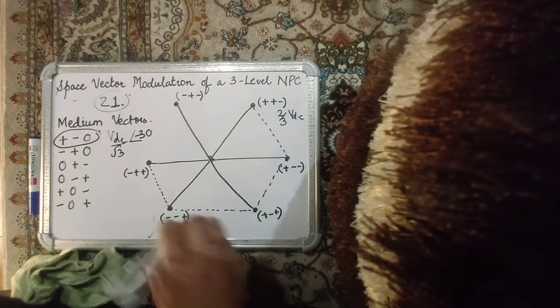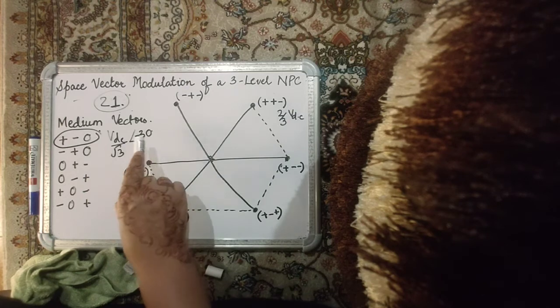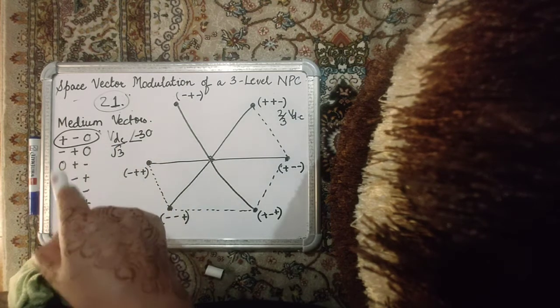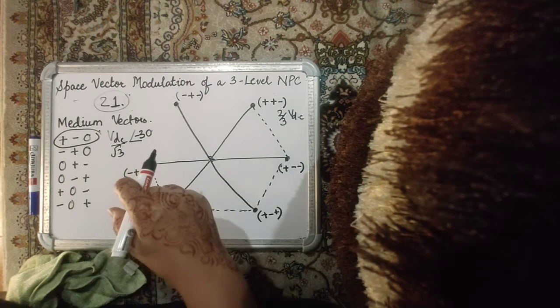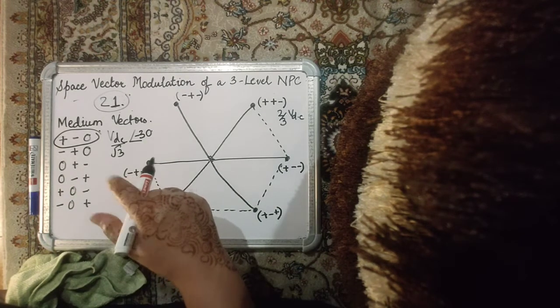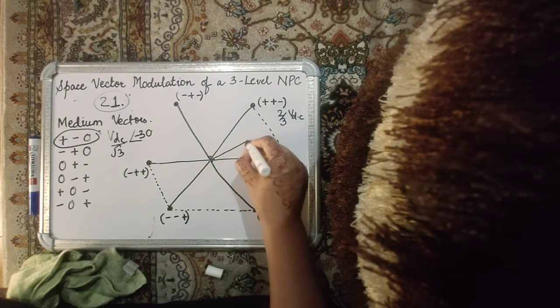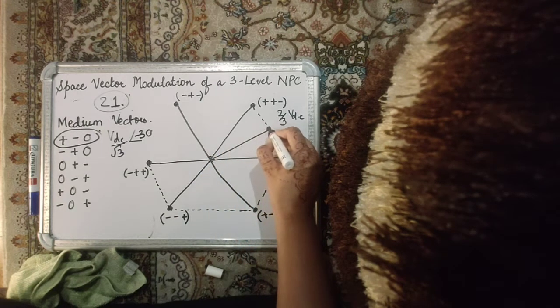The medium vectors will lie along lines, say minus 30, minus 90, plus 30, plus 90, then again plus 150, so on and so forth, right? So these vectors are going to lie along these lines. So these are your medium vectors.